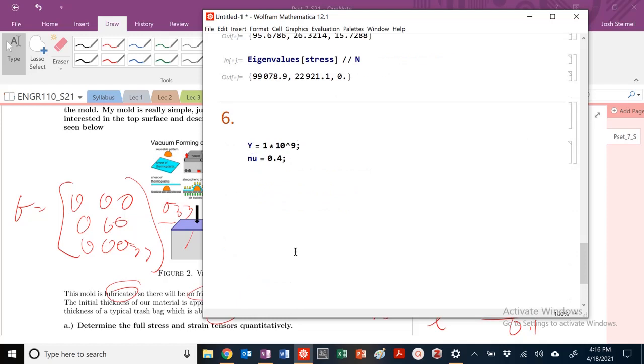And I know that my E33 is equal to 50 times 10 to the minus 6, final length, minus initial length, 0.1, divided by that initial length. There you go. And then we can start to solve what are our knowns and unknowns.